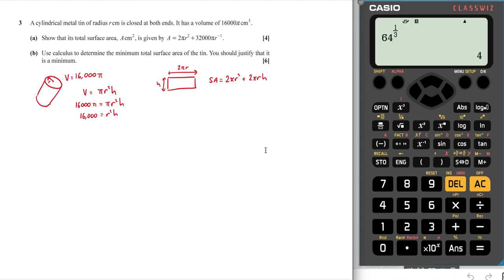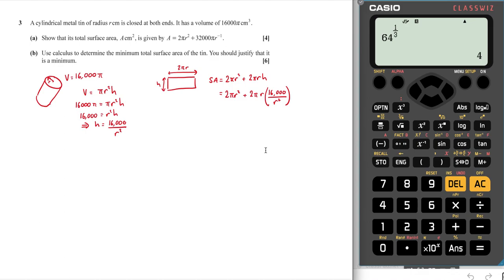I've got h appearing once in both of those, so if I make h the subject of that first expression we came up with, h is therefore 16000 over r squared. I can pop that into my expression on the right hand side, so this surface area is now 2 pi r squared, which I'm going to leave alone because I know that's in my answer, plus 2 pi r times 16,000 over r squared.